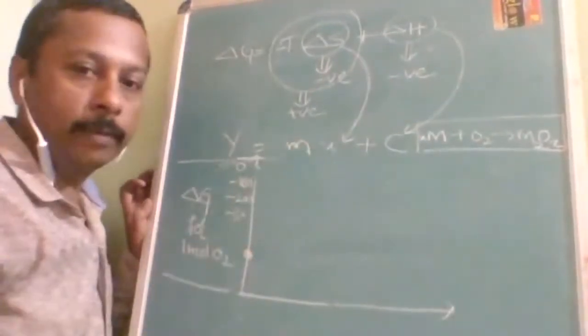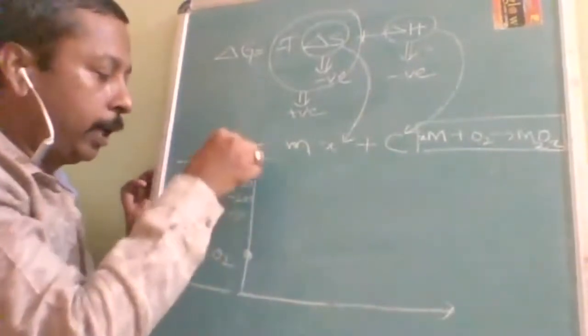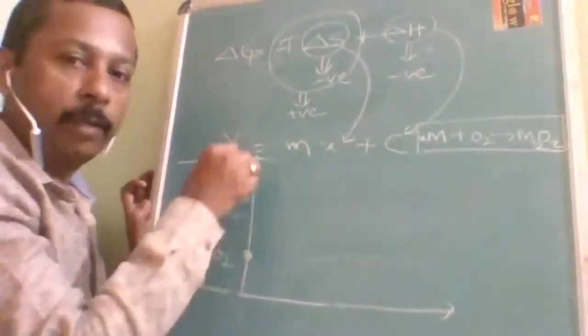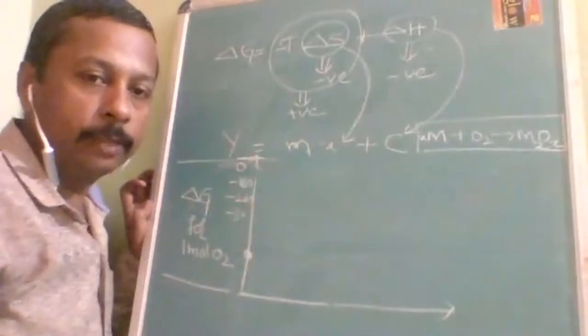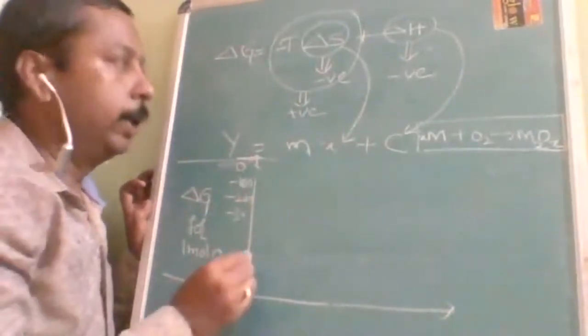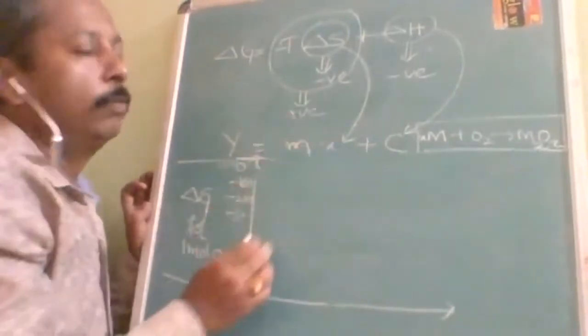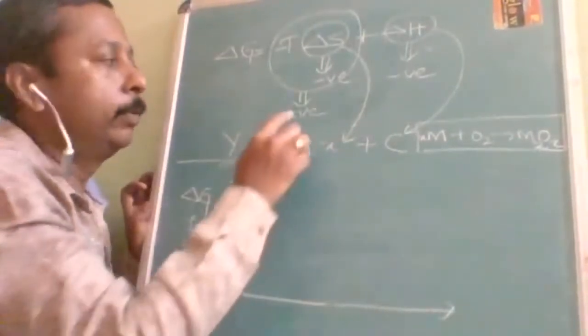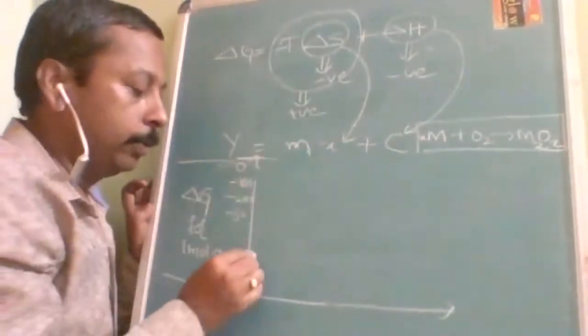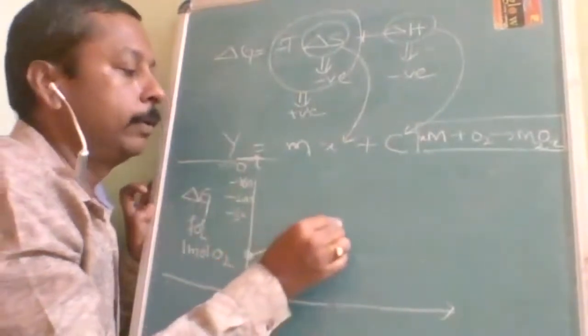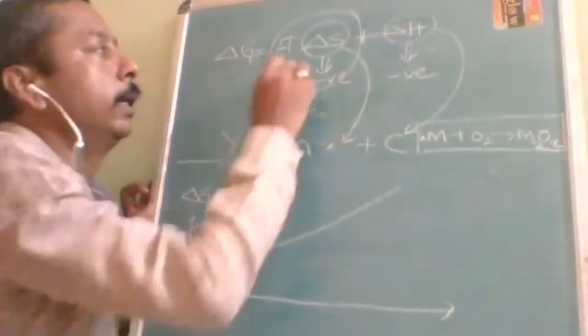As we come down, it will be a more negative value. So this is negative. Now should I move up or down? How will I come to know? Positive. So this slope is positive. Understood? So this is the graph for it.